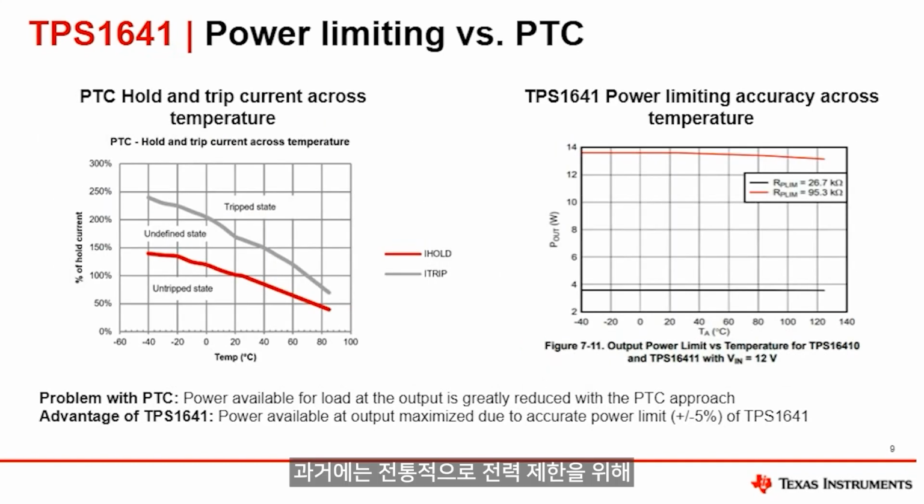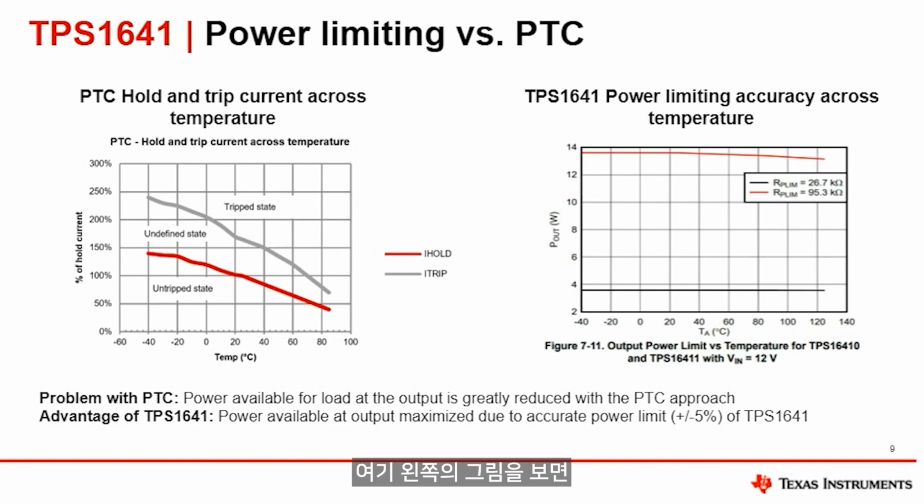Traditionally, what's been used to do power limiting has been PTCs, or positive temperature coefficient fuses. These devices, as it says in the name, are related to temperature, so they can vary pretty substantially in terms of when they actually trip, depending on what temperature they're operating at.